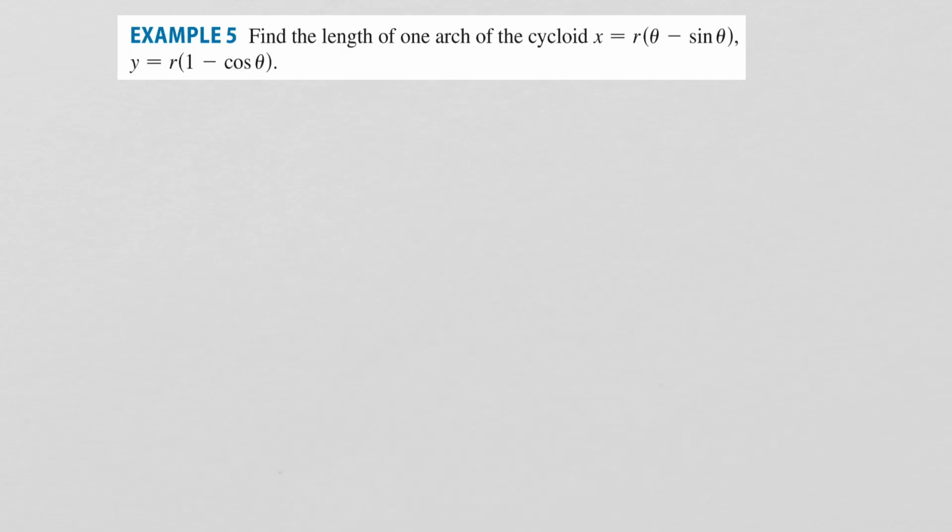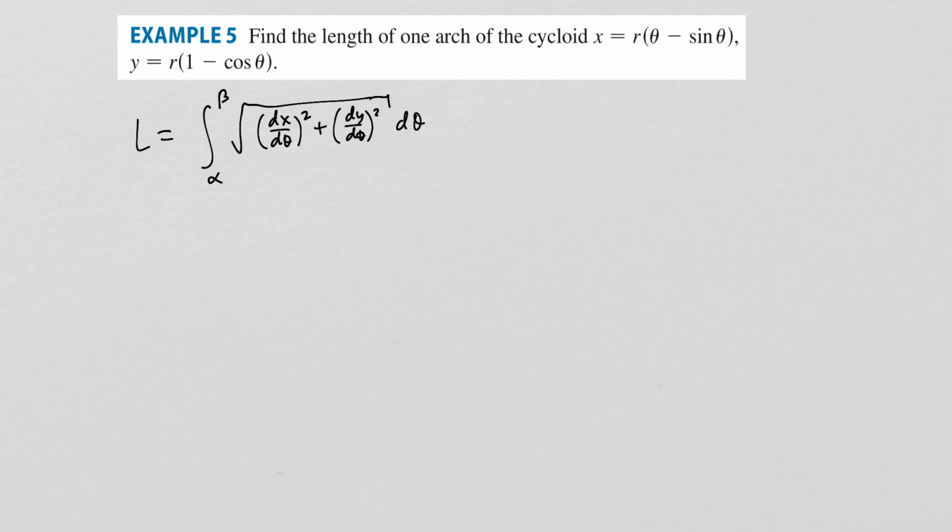Next, let's find the length of one arch of the cycloid. So we are once again using the arc length formula, integral from alpha to beta, square root of, in this case it's going to be dx d theta squared plus dy d theta squared, and then with respect to theta. So let's calculate dx d theta.